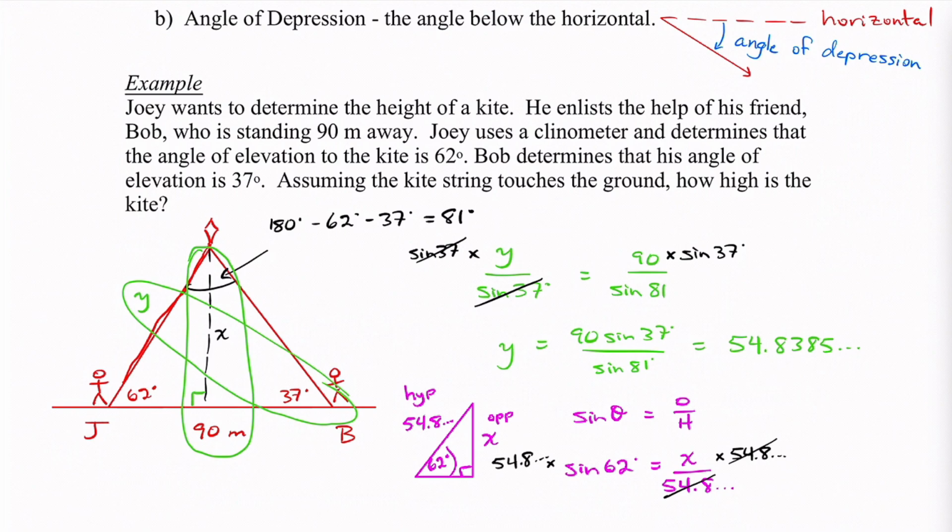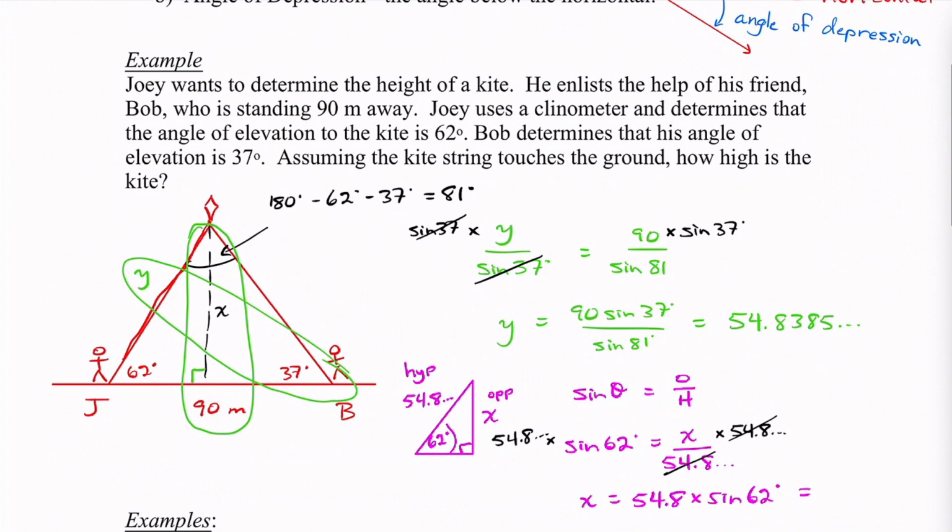So I can see that x is going to equal 54.8 times sine of 62 degrees. And when I do that, I am going to get 48.4195, and then some more decimals.